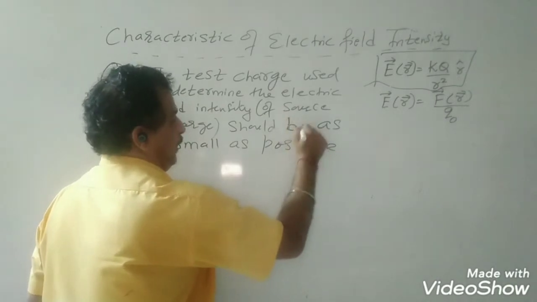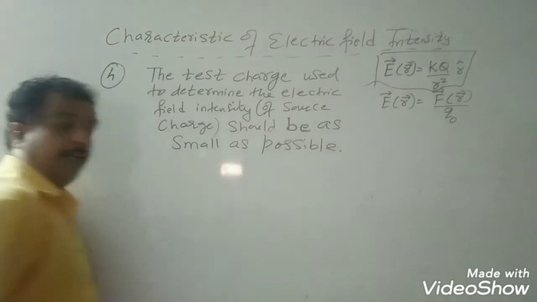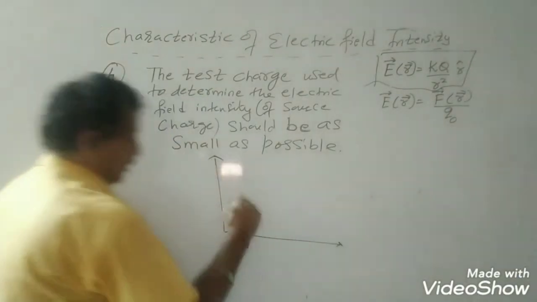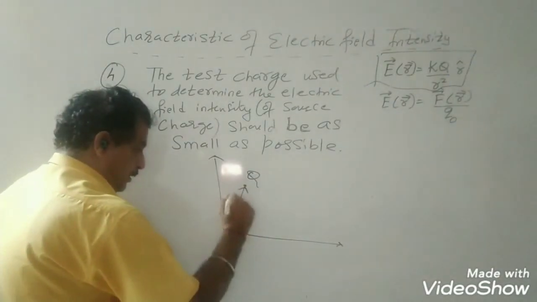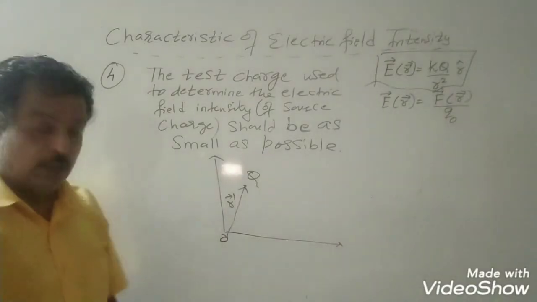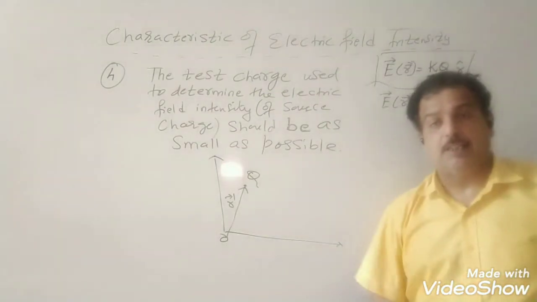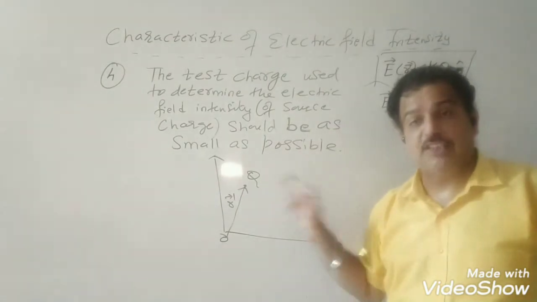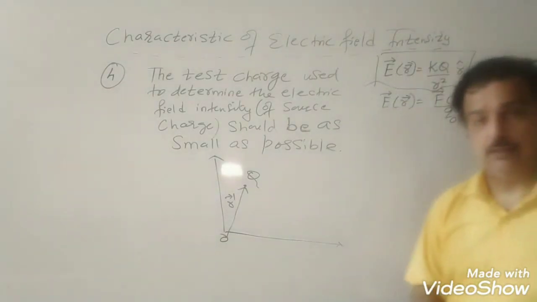So what does it mean? Now let us see our diagram again. Suppose this is the source charge placed in a Cartesian coordinate system whose position vector is r dash. Now I want to determine its electric field intensity. We have already discussed the electric field of this point charge is spherical.